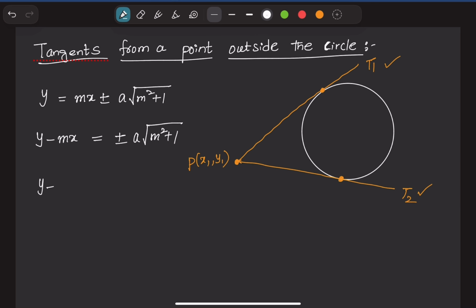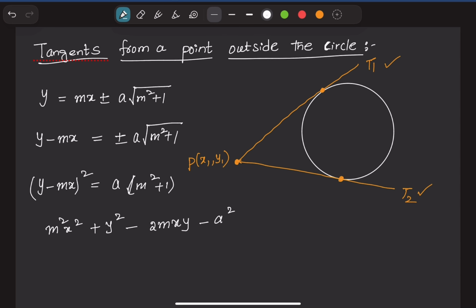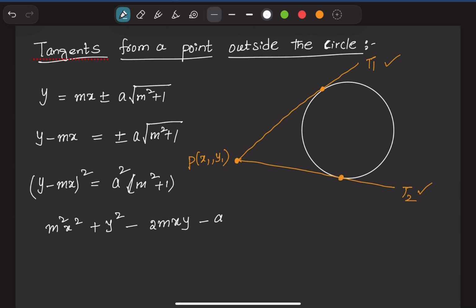If you square it on both sides, (y minus mx) whole square equals a square multiplied by m square plus 1. So this is simply m square x square plus y square minus 2mxy minus a square m square minus a square equals 0.